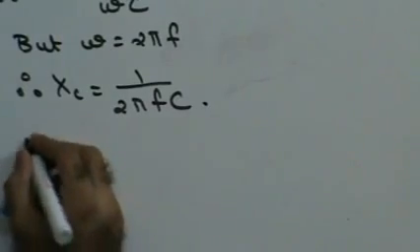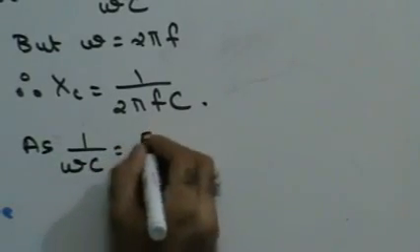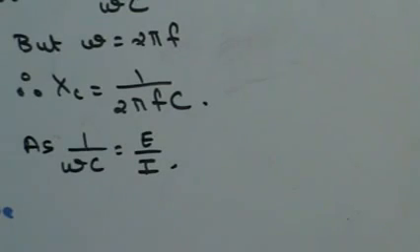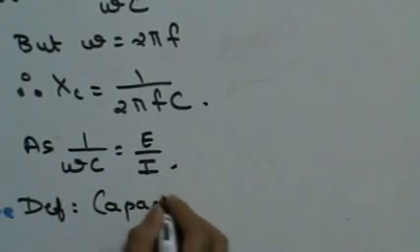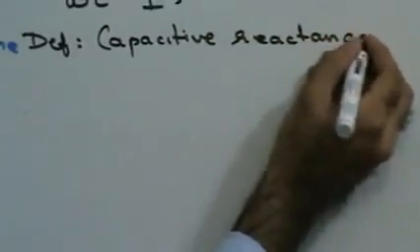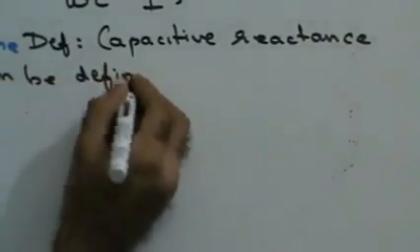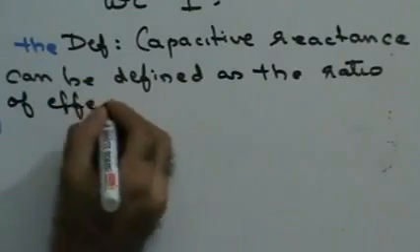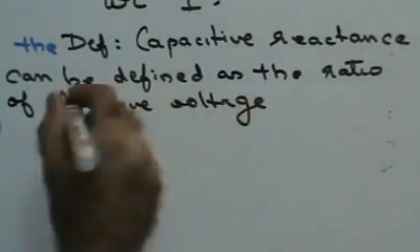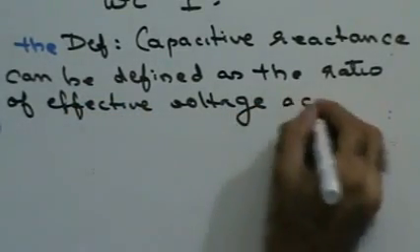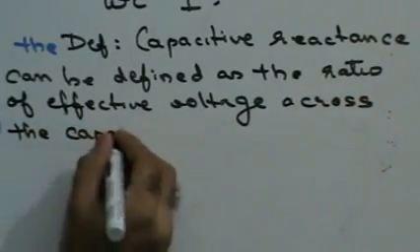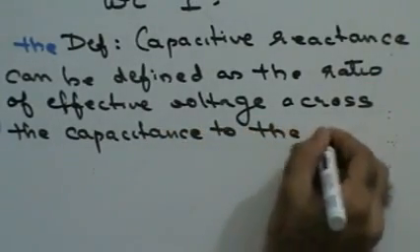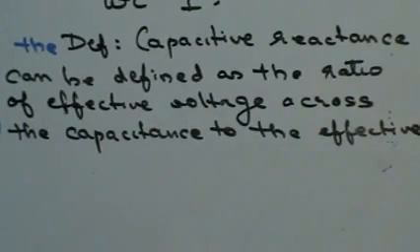Now, as 1 upon omega C is E upon I, I can define capacitive reactance as the ratio of effective voltage across the capacitance to the effective current passing through it.